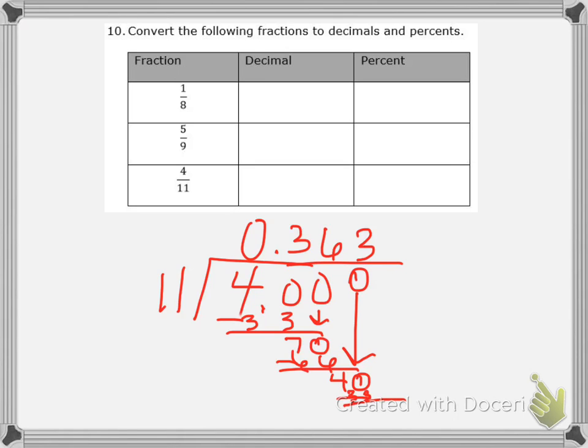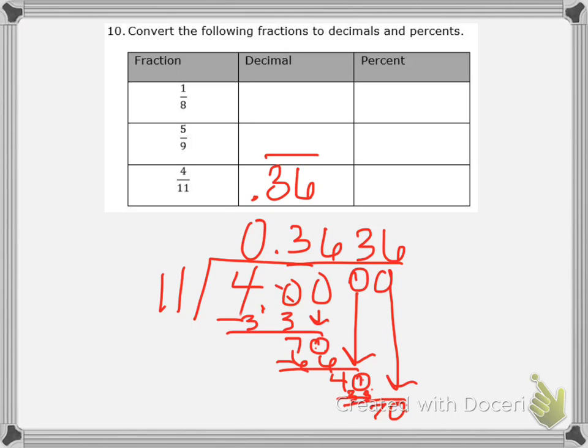So 11 into 40, 3 times. Oops, excuse me, that's messy. 40 minus 33, 7. Still, oh, okay, so I see that there's a pattern going on here. This is going to repeat itself. This would end up being a 6. So what I would put would be 36 hundredths, and both of them repeat, so they need to have that repeating symbol.